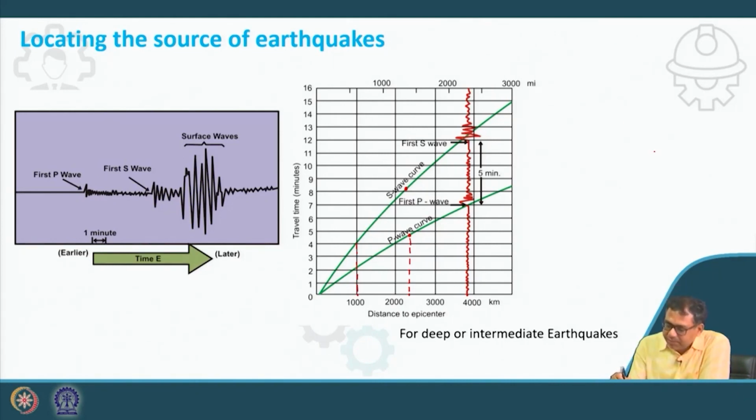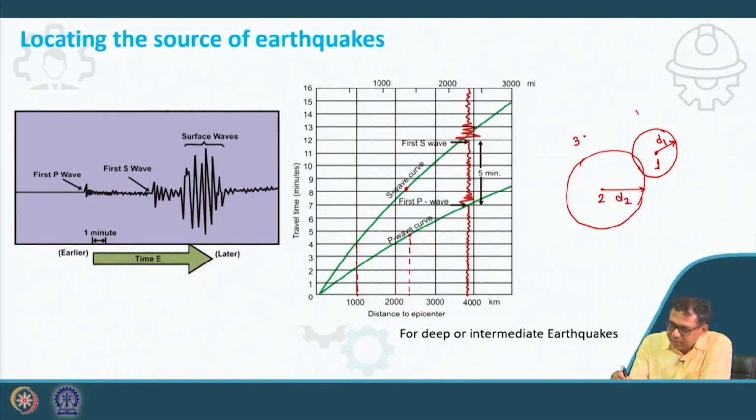That means you have 3 points, 1, 2, 3, and you draw 3 circles. This is D1, then for 2 you draw another circle, this is D2, and for 3 you draw another circle.